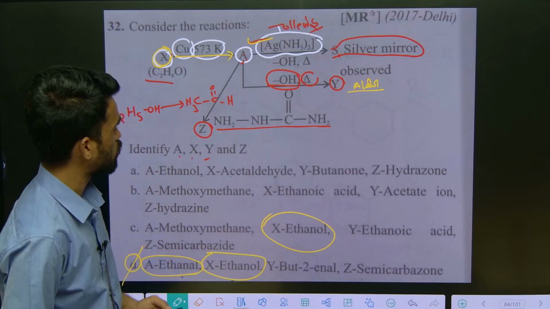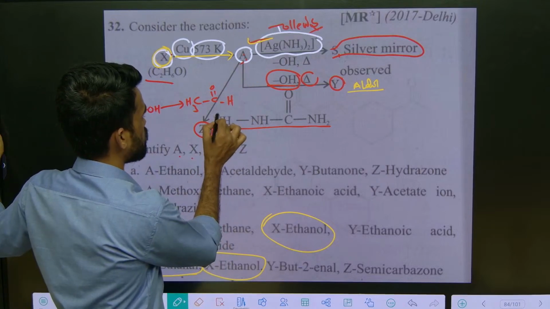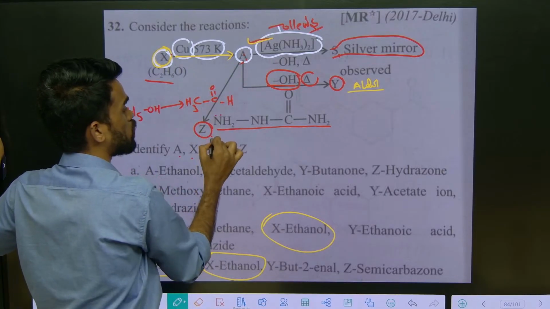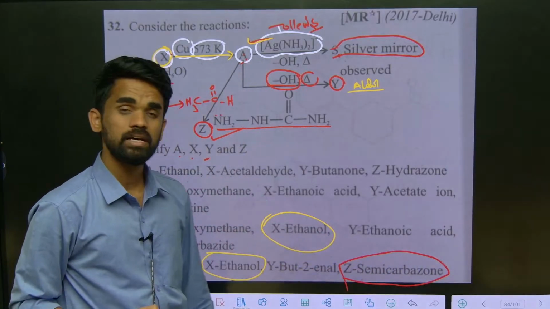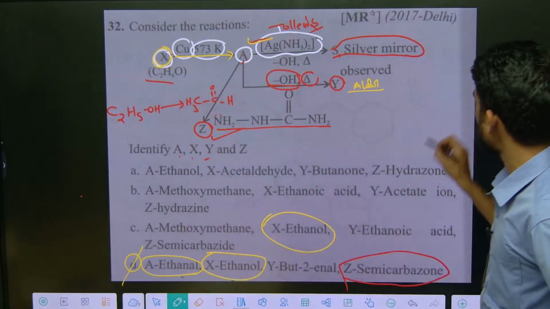If you want to confirm, when you react the aldehyde with semicarbazide, the terminal NH2 reacts with that aldehyde and gives you a semicarbazone. So Z is a semicarbazone, which is perfectly correct. And what about this aldol condensation product? It's easy, right?